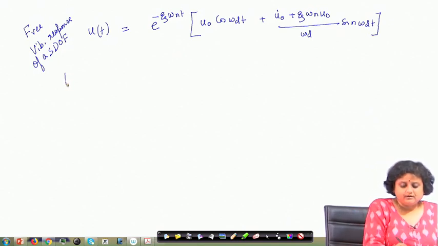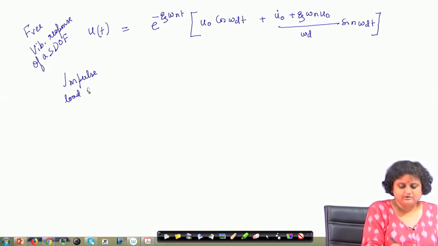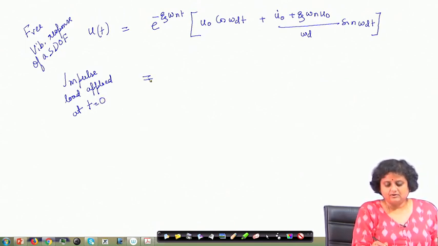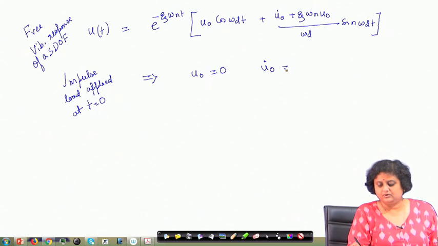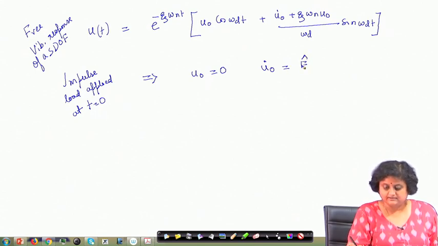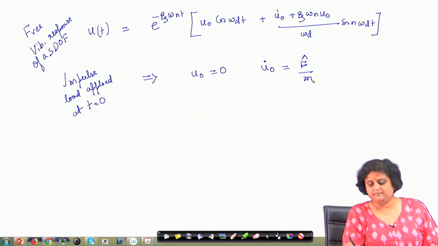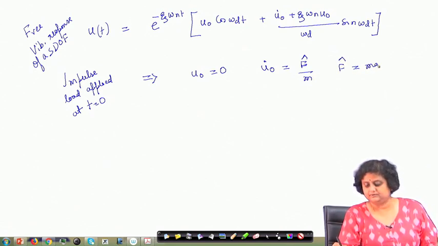So, the application of impulse load applied at t equals 0 is going to produce this initial condition: u0 equals 0 and u dot 0 is equal to f hat by m, where f hat is the magnitude of the impulse.